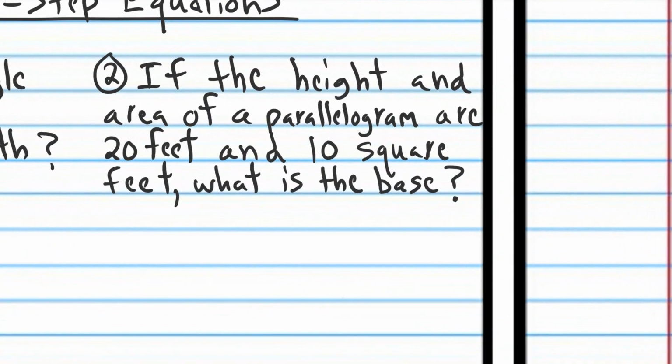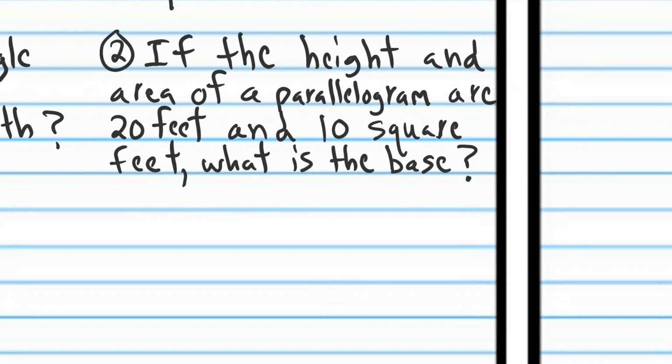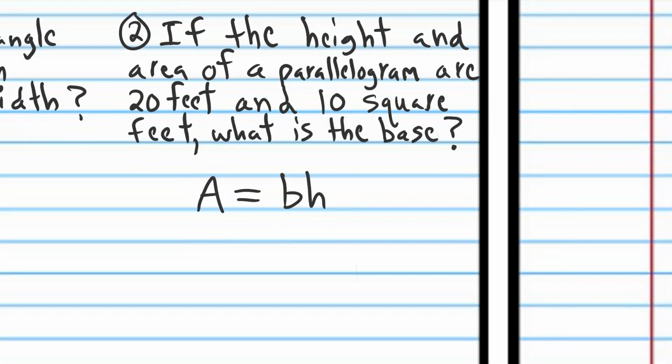If the height and area of a parallelogram are 20 feet and 10 square feet, what is the base? So get out your formula, and you should have that list of those formulas that we did in the last class, and you can find all the math formulas you want online also. The area of a parallelogram is equal to the base of the parallelogram times the height.